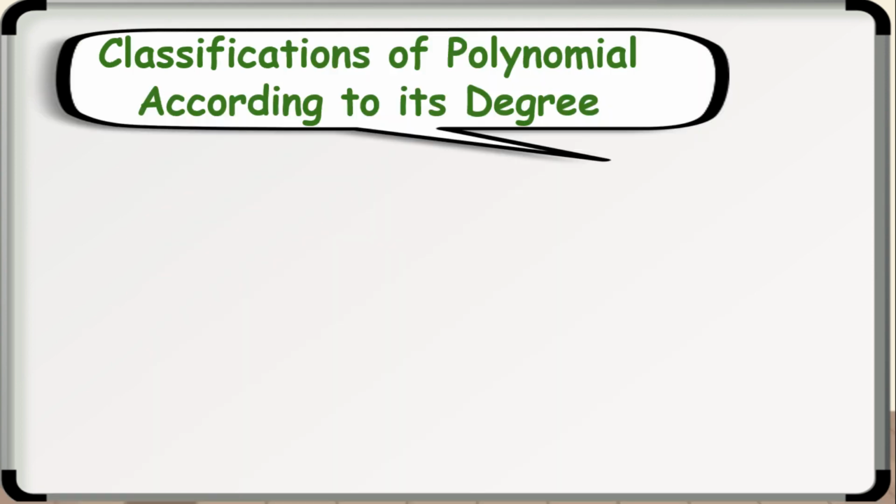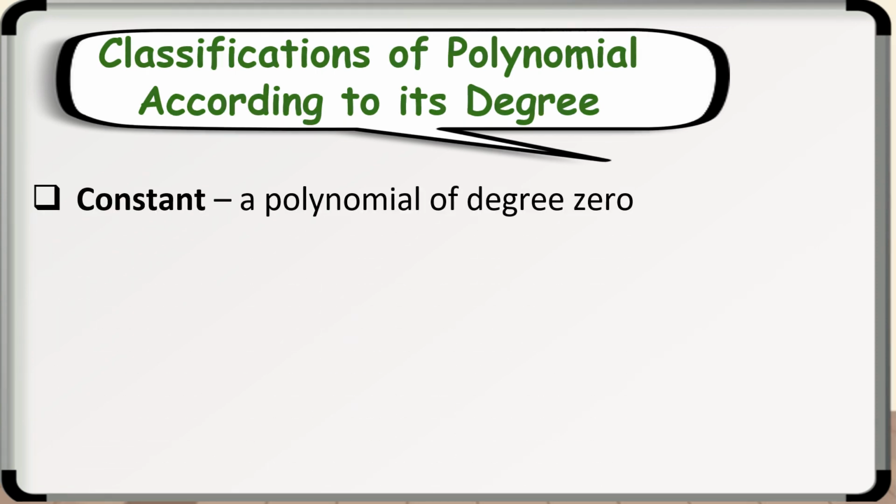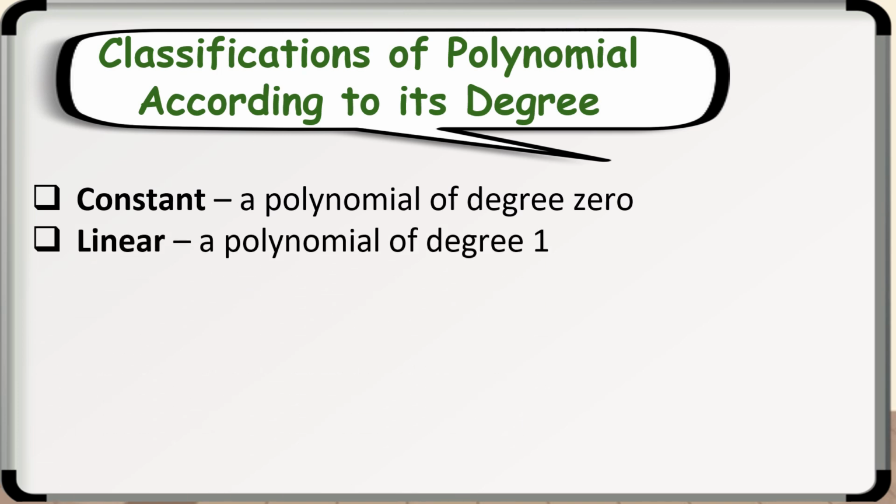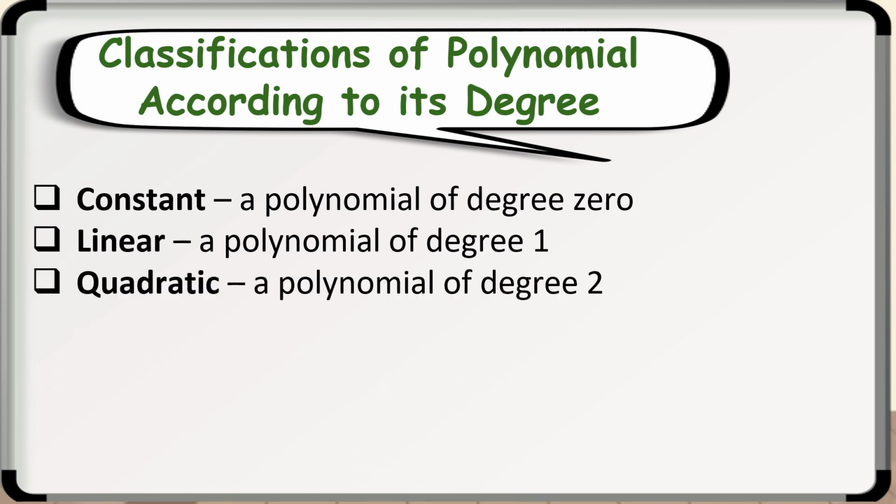After we determine the degree of the polynomial, we can now classify it according to its degree, such as constant. This is a polynomial of degree 0. Next, linear. This is a polynomial of degree 1. Next is quadratic. This is a polynomial of degree 2.